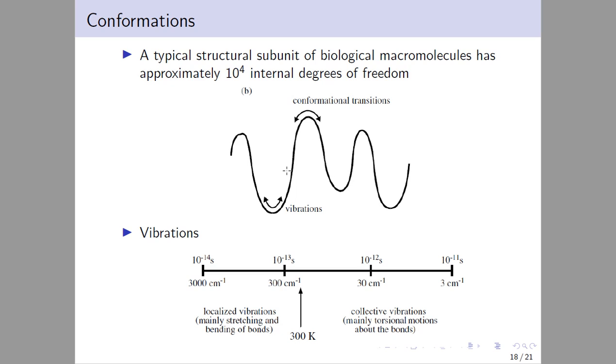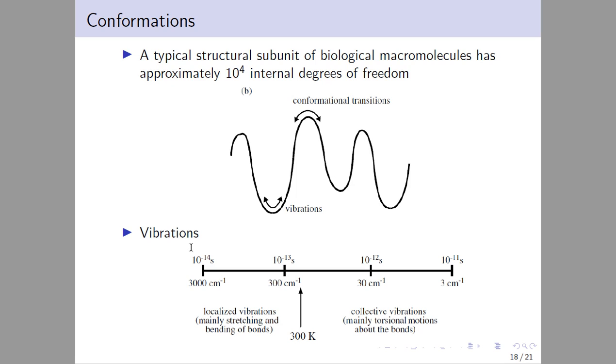If the energy of vibration is greater than this peak, it can move to another conformation or configuration. Let's say this is cis, and then this one can be trans. So it needs to exceed this energy.